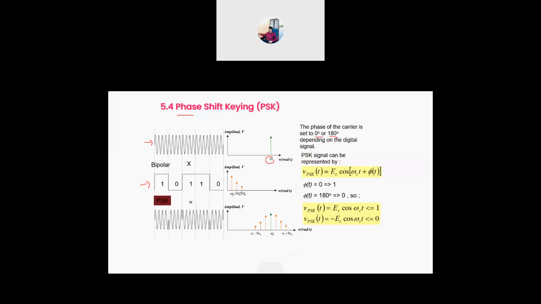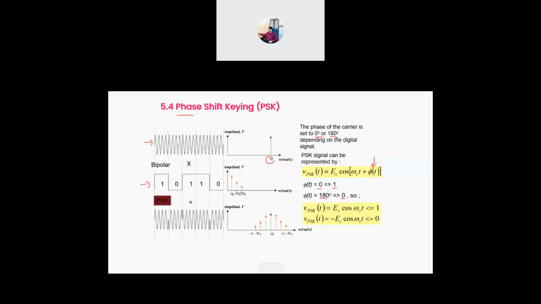So the PSK signal can be represented by this general equation: VPSK(t) is cos of omega CT plus phi(t). If phi is 0, it will be bit 1, and if phi is 180, it will be bit 0.